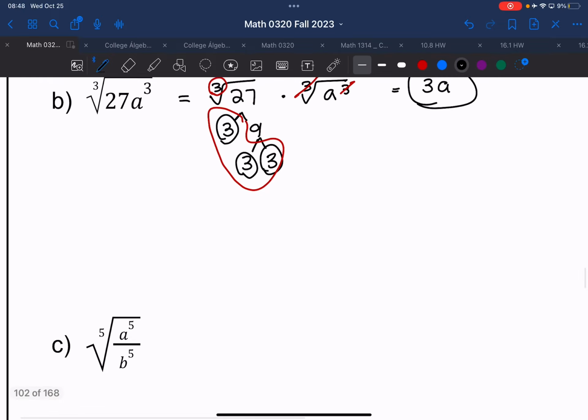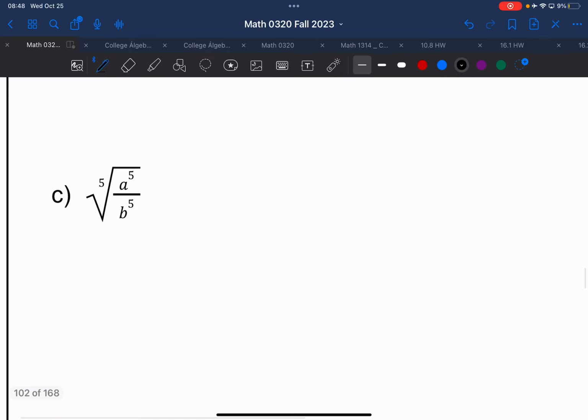How could we rewrite C? Good, the fifth root, yes, we would give that fifth root to each part.